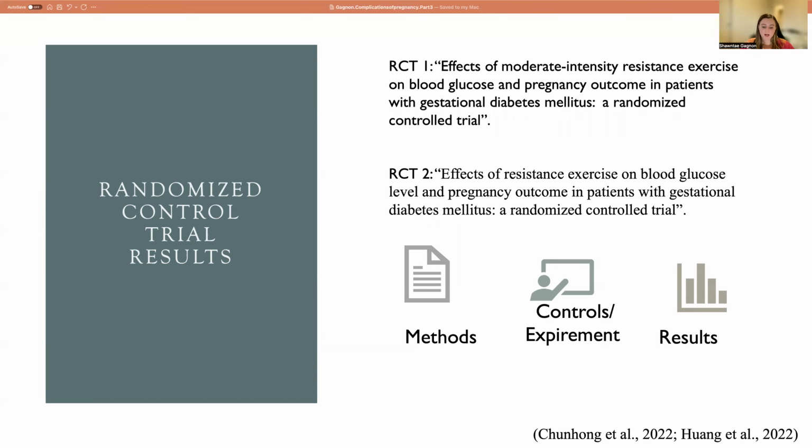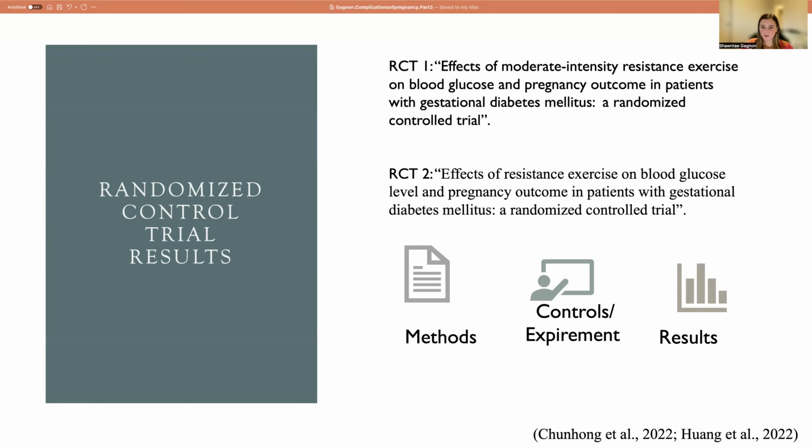The experimental group also received a moderate intensity resistance exercise program. The trial concluded that both groups had lower blood glucose levels after the intervention, and that the experimental group's blood glucose levels were lower than the control group levels. So they both had decrease in blood glucose levels, but the group with the moderate intensity resistance training had even better control of blood glucose than the group without it.